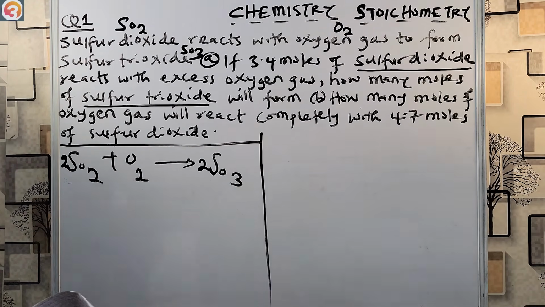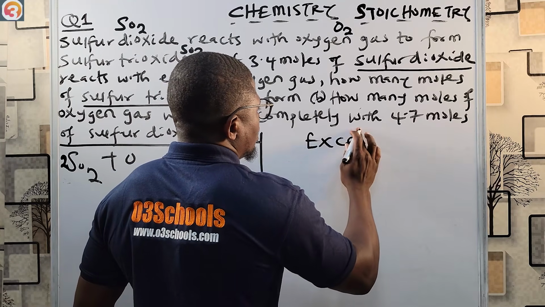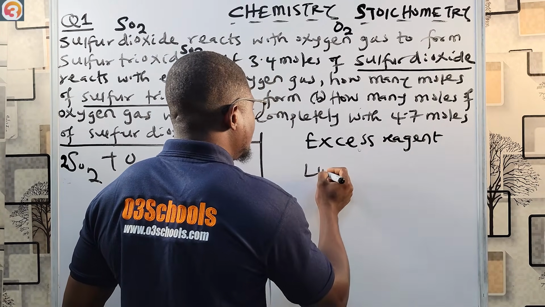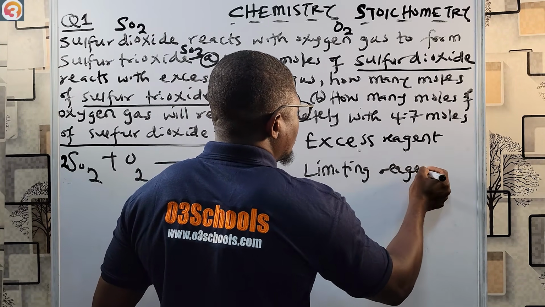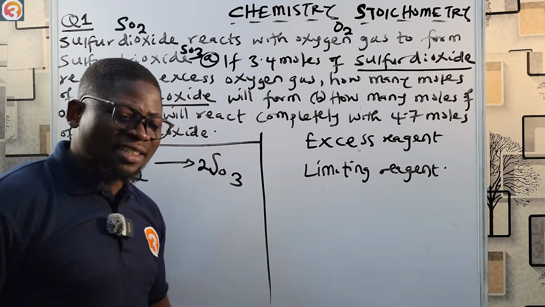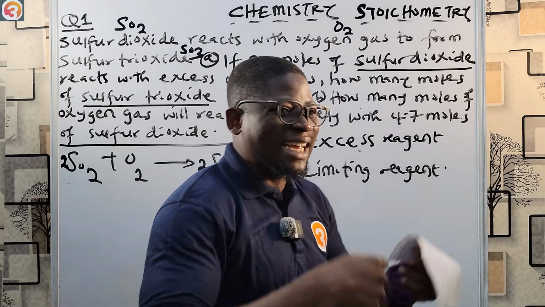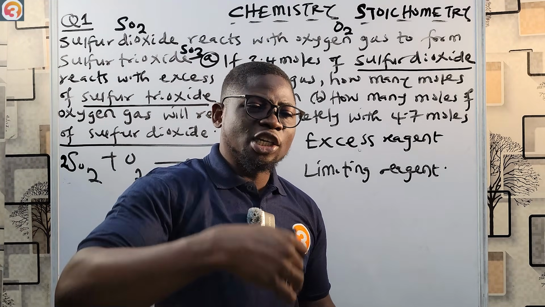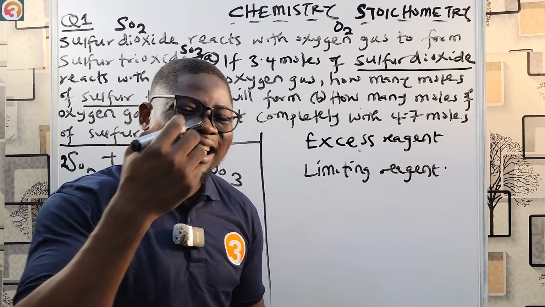So now the concept of excess reagent and limiting reagent. Let me just quickly talk about it. Excess reagent is the reagent that is not completely used up. So the reaction ended, but some of the reactant was still left over.